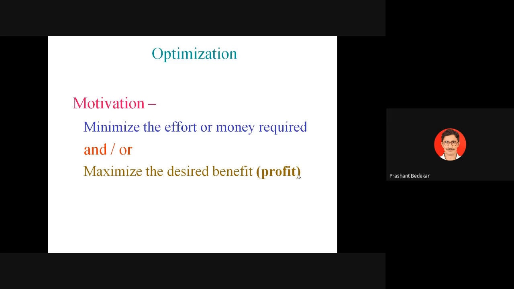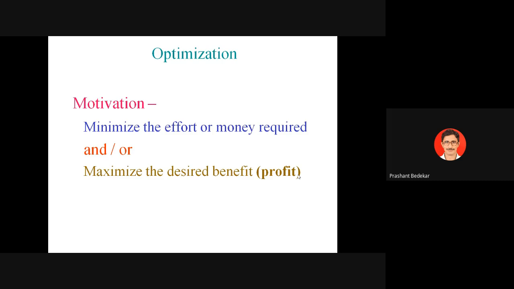Trying to minimize the time required to complete the construction of the road between Badnera and Murtijapur, and at the same time trying to maximize the strength of the road. So sometimes it may be a multi-objective problem where you try to minimize something and maximize something.